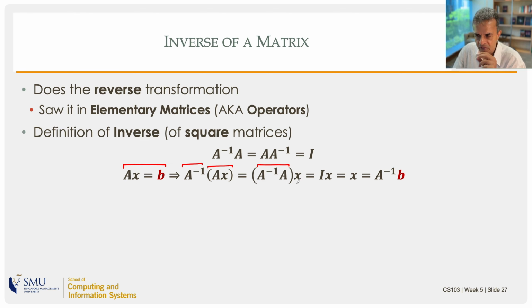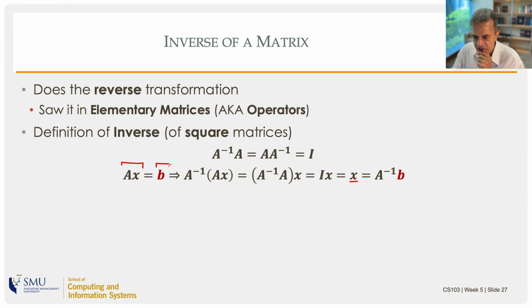You can group the operation any way you want. And now we know by definition of the inverse that A inverse A is I. So this becomes I. And now you know by the definition of identity matrix that I times anything is that anything. So it's just x.